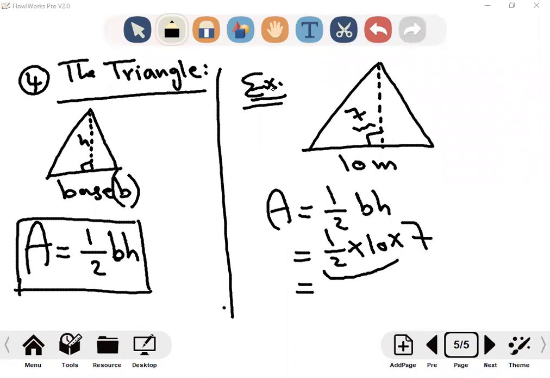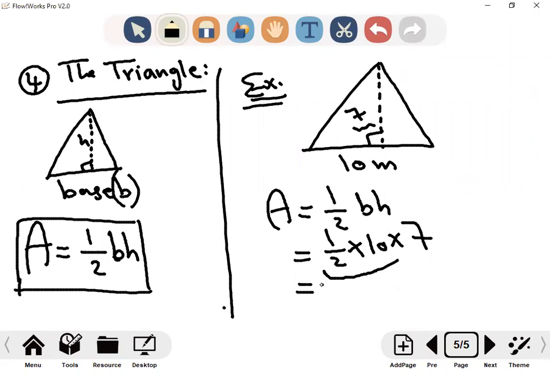Half of 10, how much? You have 10. What's the half of 10? 5. Half of 10 is 5, right? Yes. Multiply 7. How much? 35.